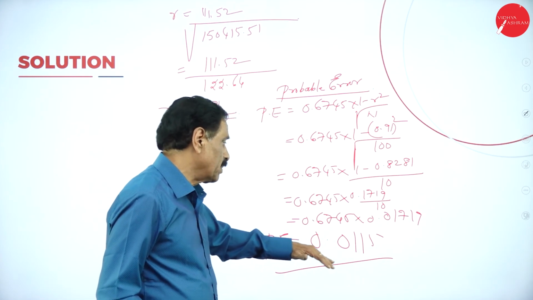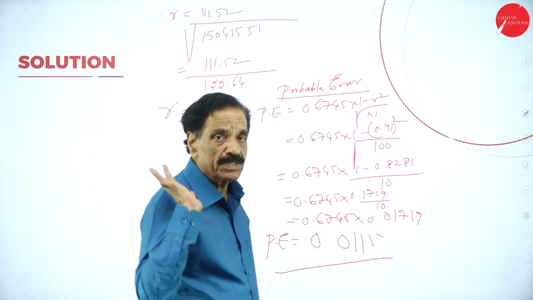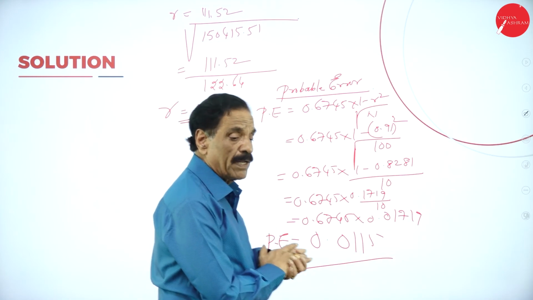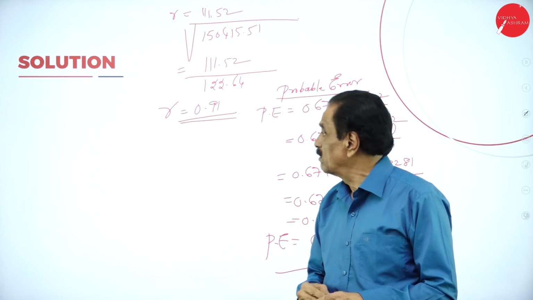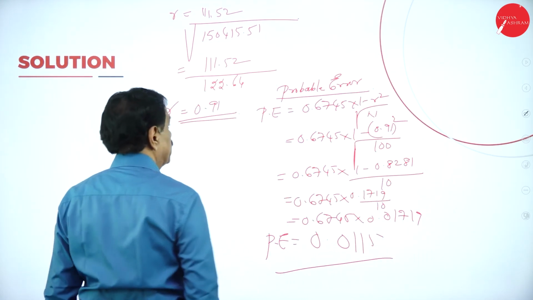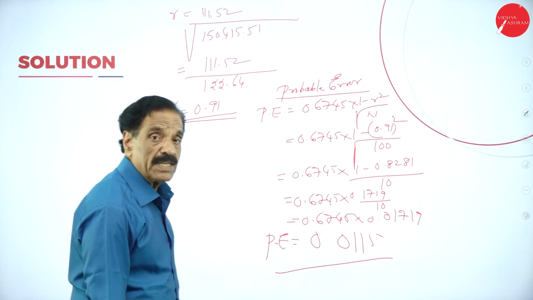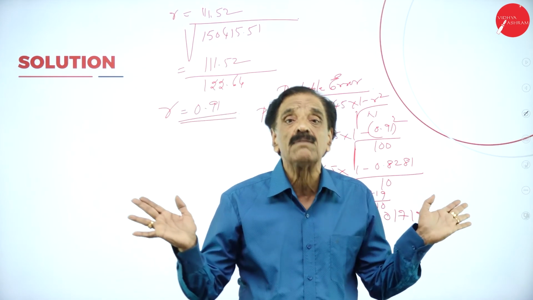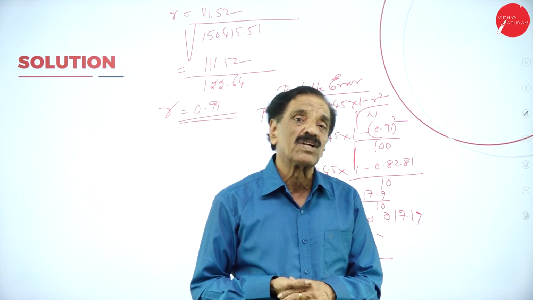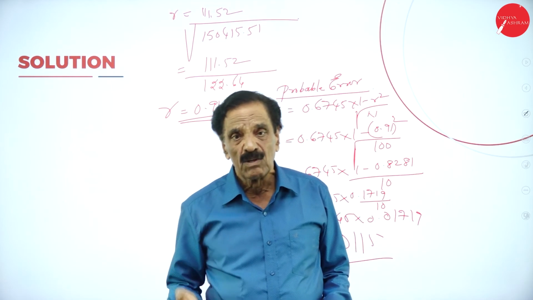If you multiply, it comes 0.01. Slowly we have to apply. Definite problem is there. R should become less than 1. Your error is 0.01. The relation between X and Y is about 91% positive, meaning a very good relation between X and Y.